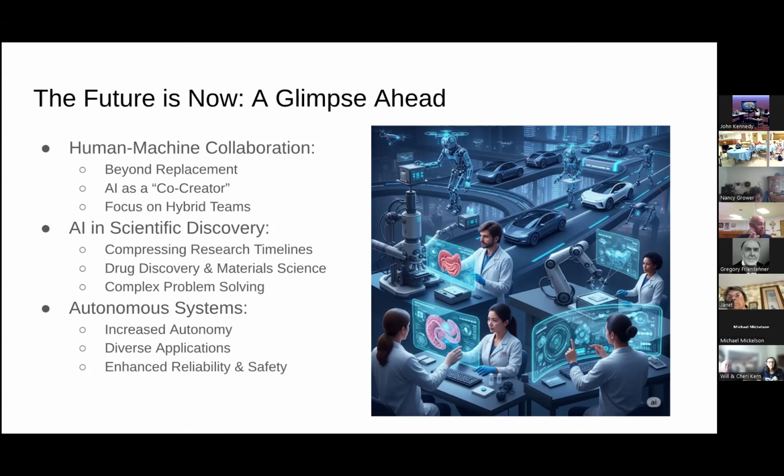And then I've also heard that some hotel chains are using AI to tell when people are doing things in their hotel that they're not supposed to, like smoking or vaping. Those are a couple examples I heard. And then with the autonomous systems, we have enhanced reliability and safety in some ways.